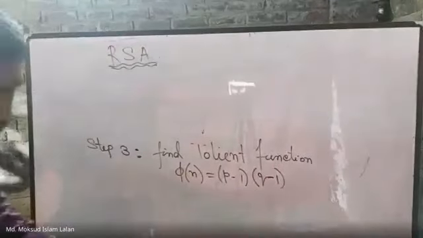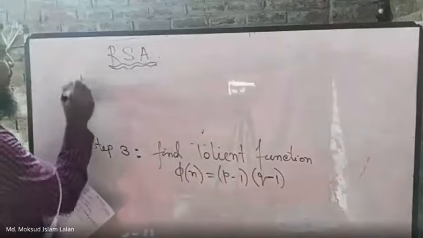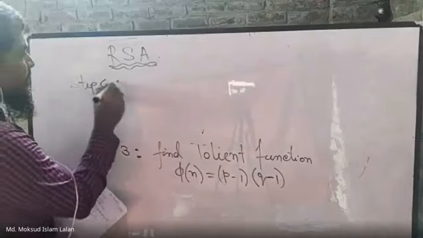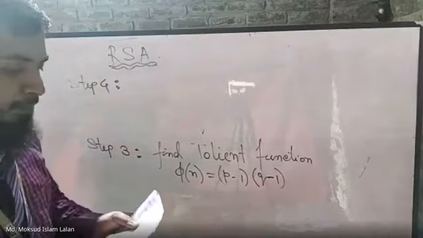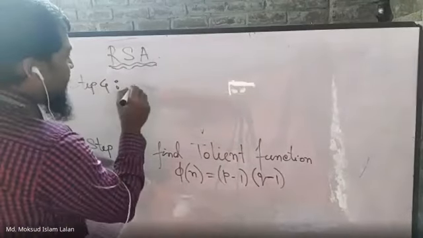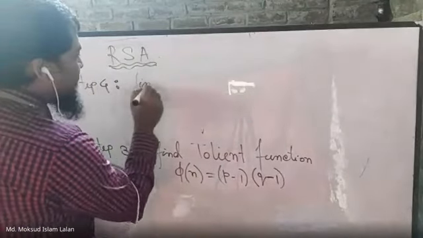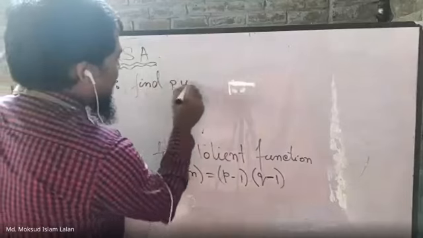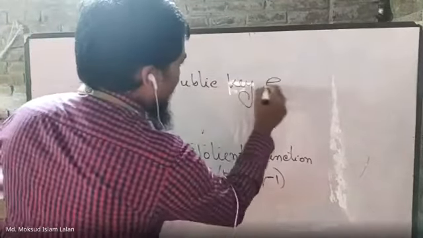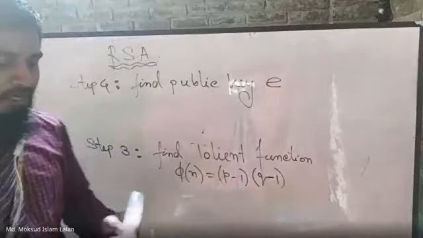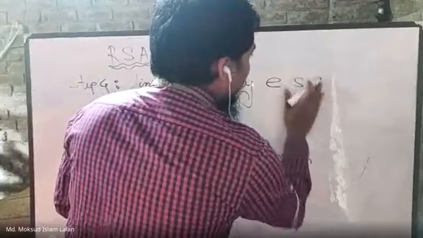Now, step number 4. Then you need to find the public key. Public key E, which is denoted by E. What is the condition?